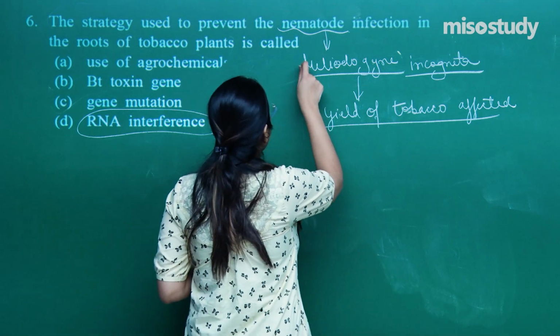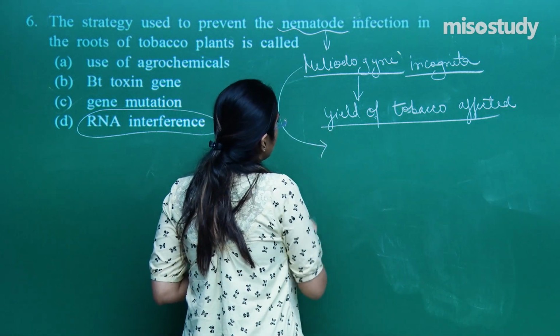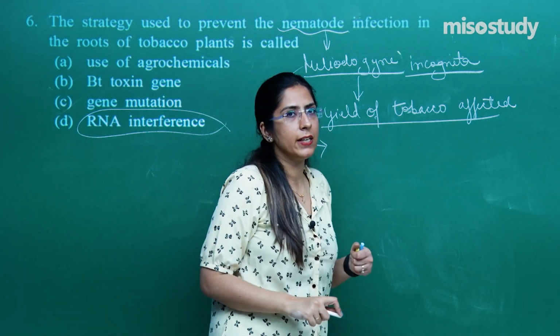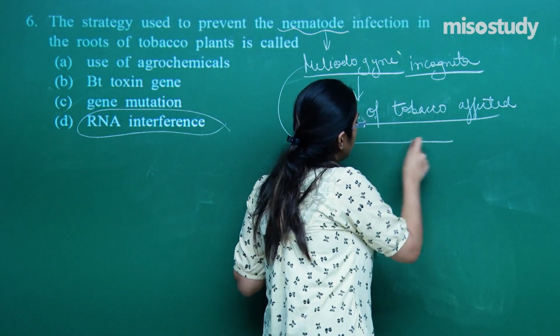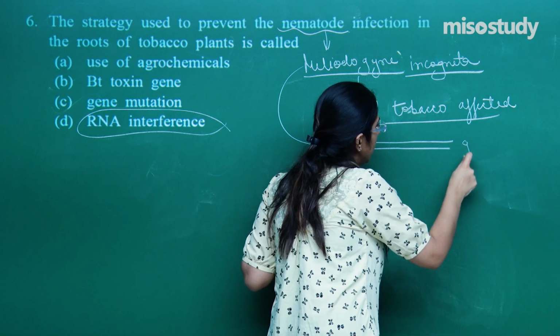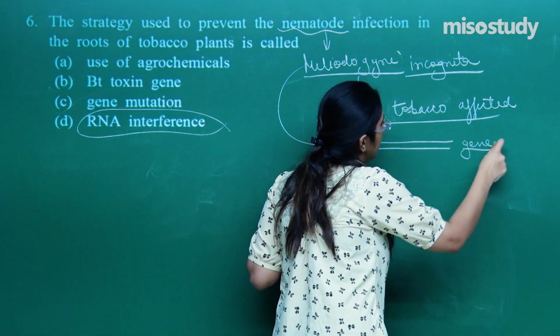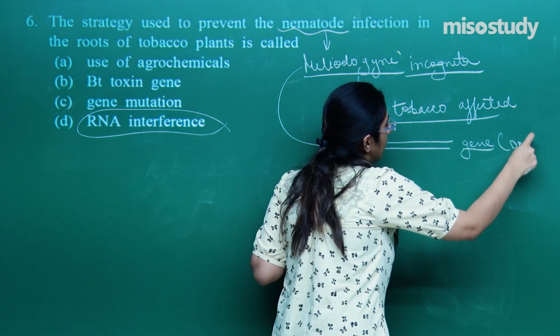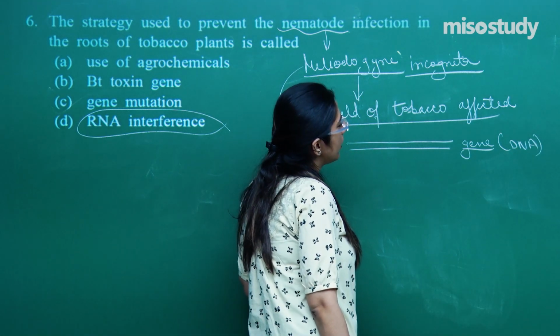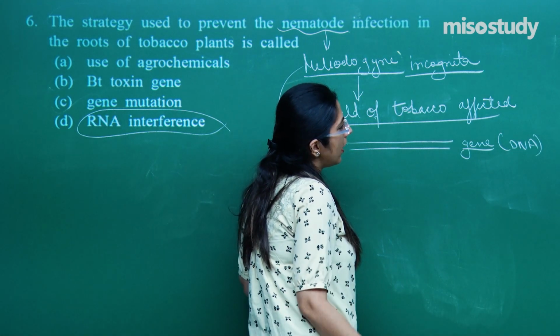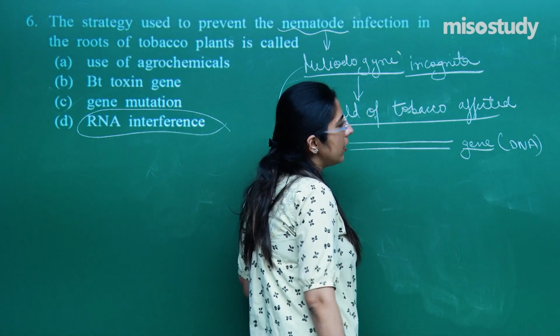This Meloidogyne incognita incorporates its gene that causes the yield to be affected. Now, this endotoxin is produced by one gene, I am talking about the DNA. The endotoxin related to Meloidogyne incognita is coded by one DNA.